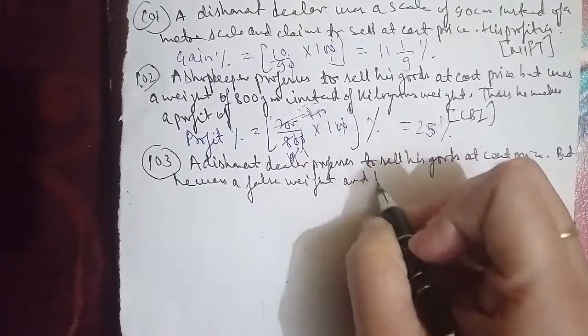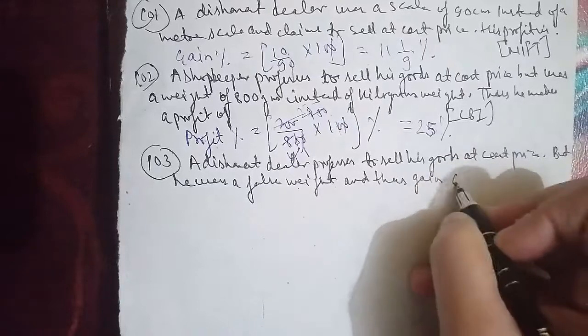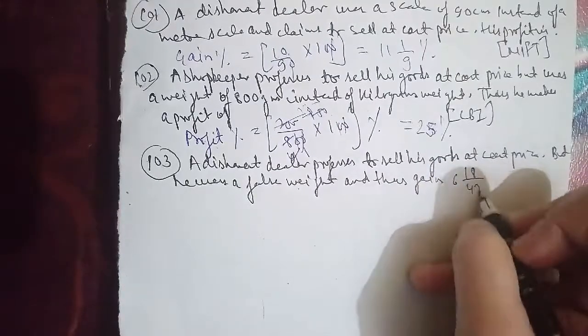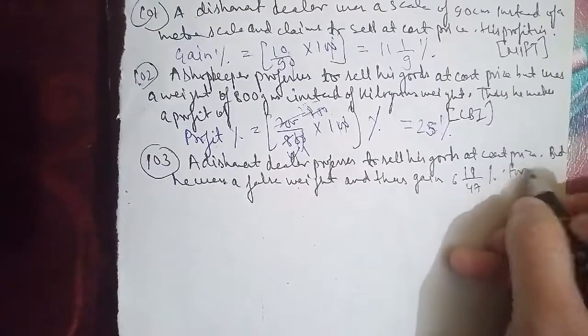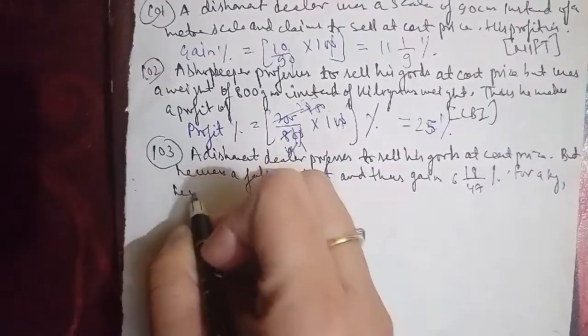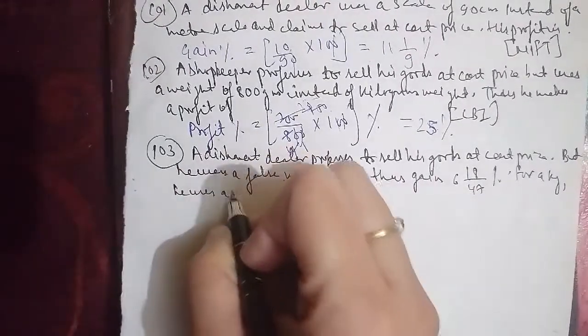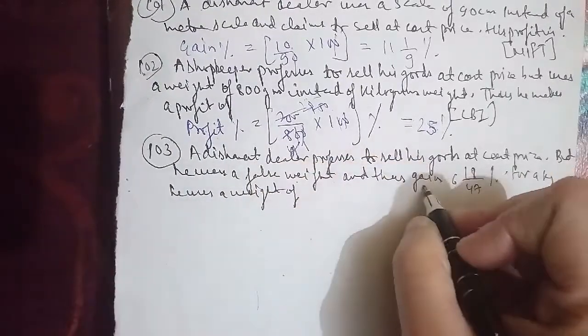So let the error equal x grams, then x upon (1000 minus x) into 100 equals 18 upon 47.